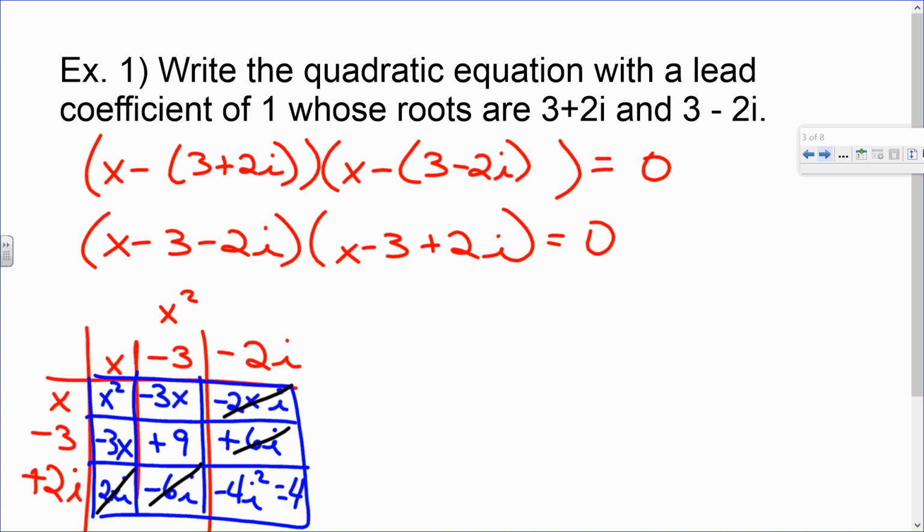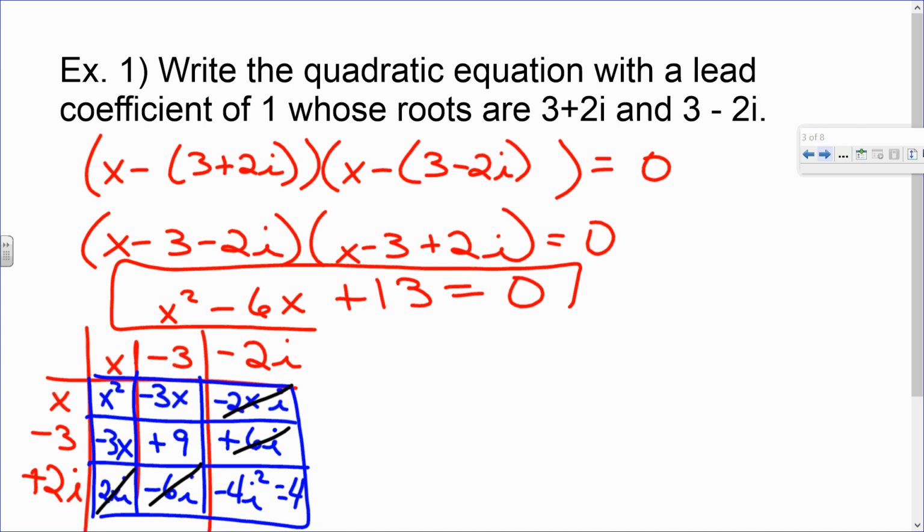So if I put all of those things together, I have x squared, and then a minus 6x, and then a plus 9 and a plus 4, so plus 13 equals 0. And that is my quadratic equation.